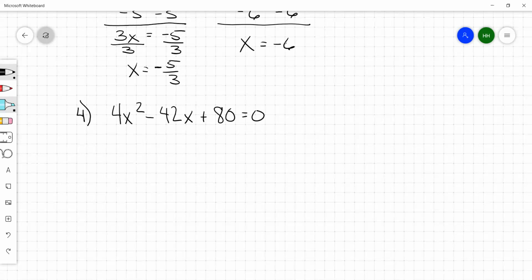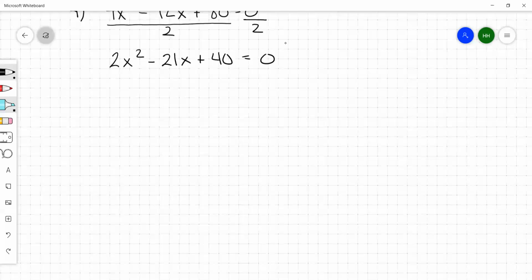For number 4, let's see if 42 is divisible by 4. It's not evenly, anyway. So everything here can be divided by 2. So on the left, we would have 2x squared minus 21x plus 40 equal to 0. And then we, again, factor this left side.